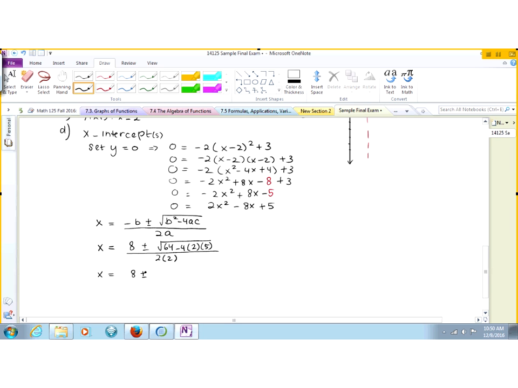So 8 plus or minus square root of what? 64 minus 40. 64 minus 40 is what? 24 over 4. Yay. Now, can we make it smaller? Can we factor out a perfect square from 24? 4, so 4 times 6? All right, so this is 8 plus or minus 2 square root of 6 over 4.